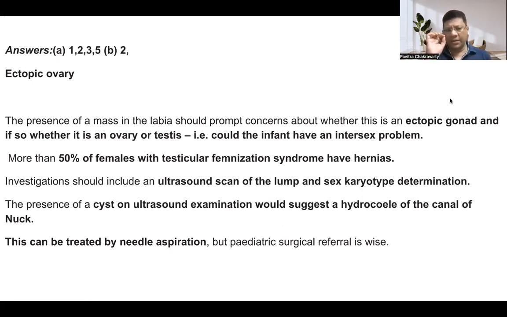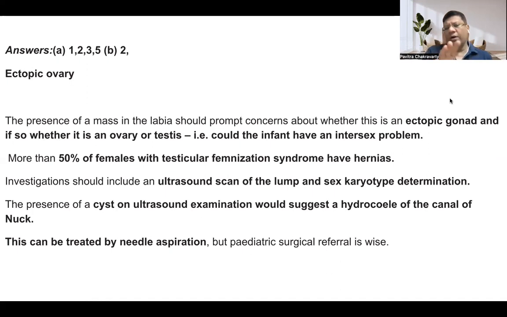In the exam, see what exact thing they're asking, the commonest, or the most characteristic lesion in this condition. That is obviously one answer. The characteristic lesion is different from the commonest lesion found in this condition. So you need to be used to the MCQs.